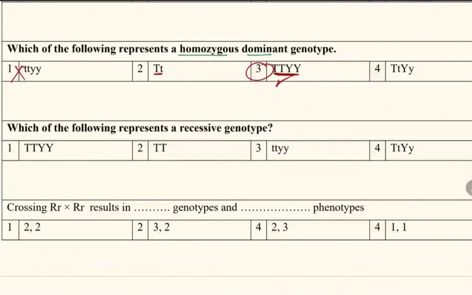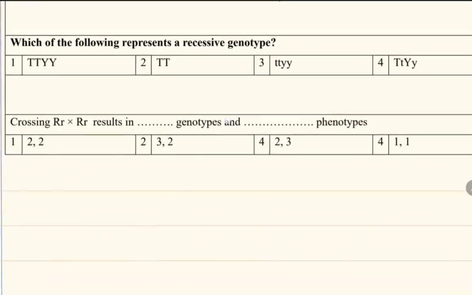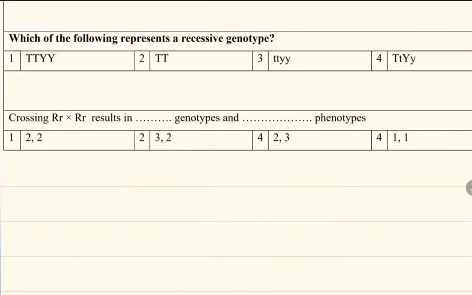This is the correct answer. We choose this answer. Let's look at the question after it. Which of the following represent a recessive genotype? The first one here, dominant. No, this is dominant. This recessive. So this is the correct answer. Always the recessive will be small letters, not capital.